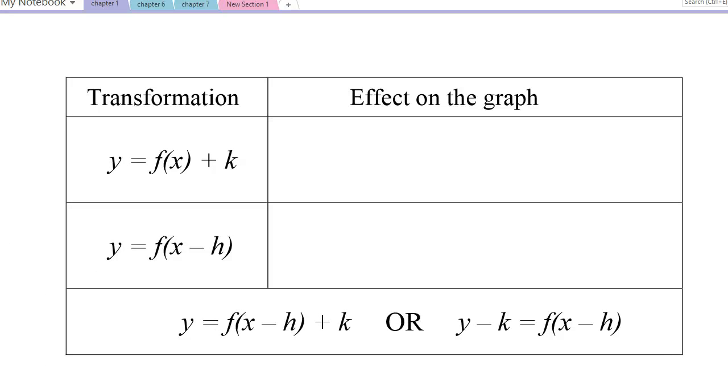So when I have a transformation like this, the effect on the graph is this k value is what we call a vertical translation.